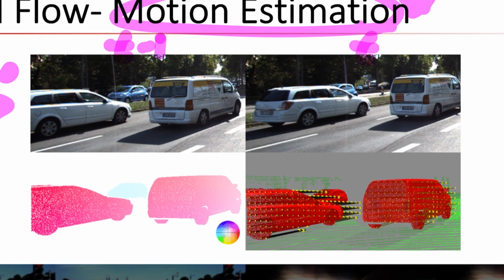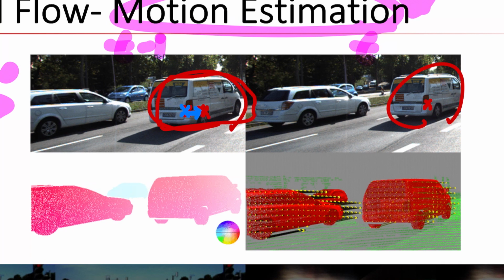For example, as you can see here, this car moved to here, right? So this pixel will move to this one, right? If we overlap these two images here, the new car is something like this, and there is some movement between this pixel and the next pixel, right?